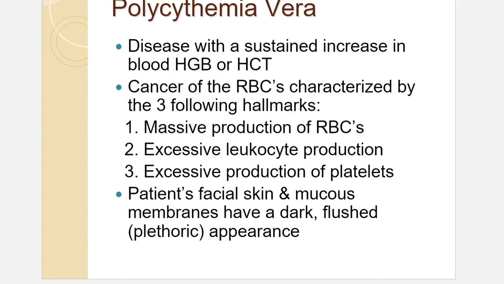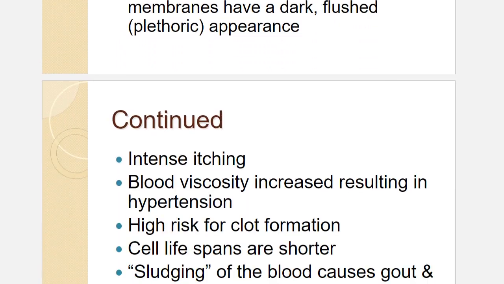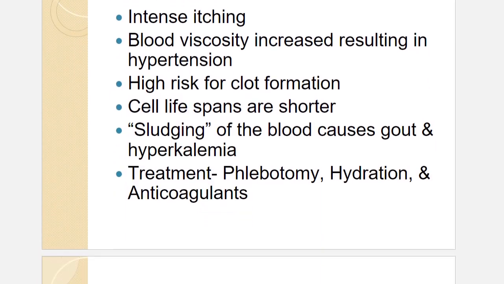They might also have other signs and symptoms where they have intense itching, blood viscosity increases resulting in hypertension. What else? High risk for clot formation, cell lifespans are shorter, there's sludging of the blood causing gout and hyperkalemia.